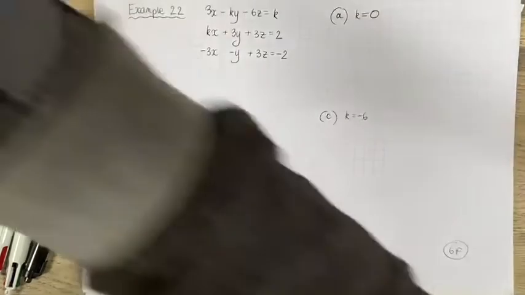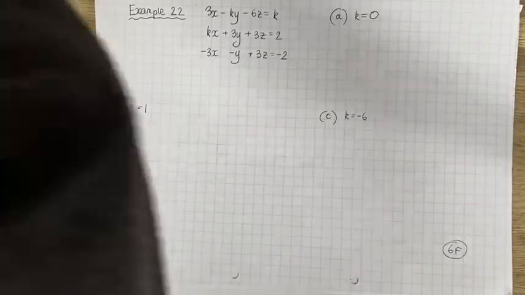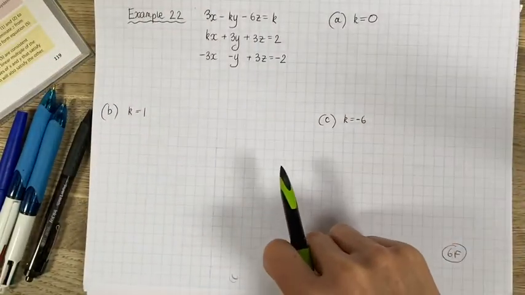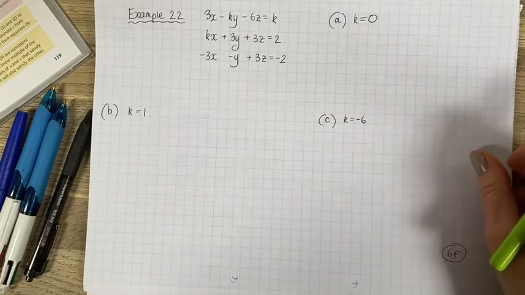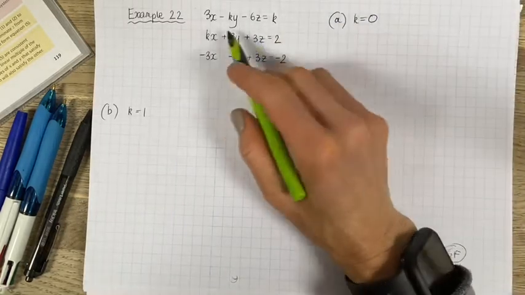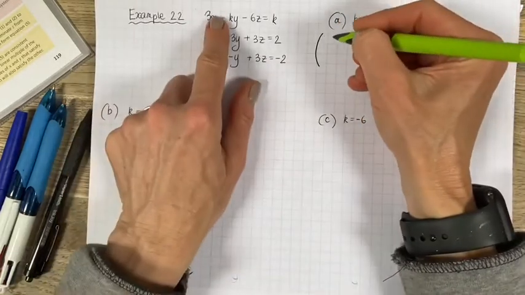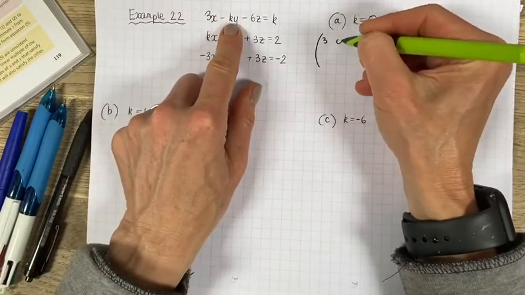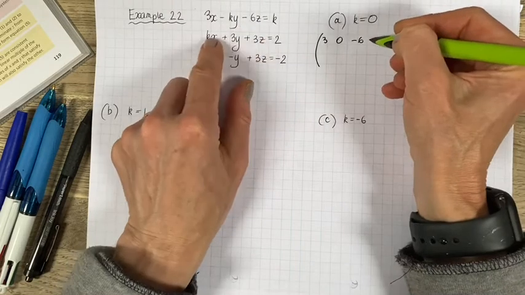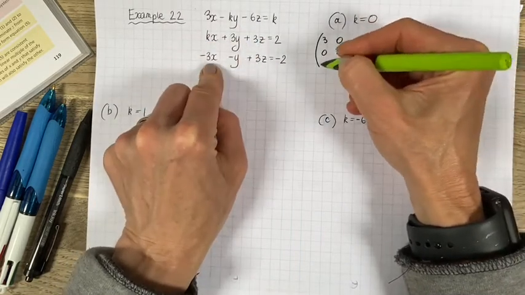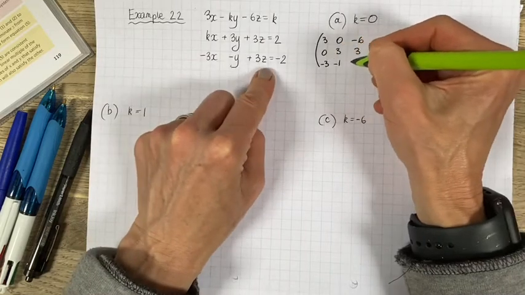We need to identify the geometric representation. So if I make k equals 0, let me write this as a matrix. You will have 3, 0, minus 6, 0, 3, 3, and minus 3, minus 1, 3.